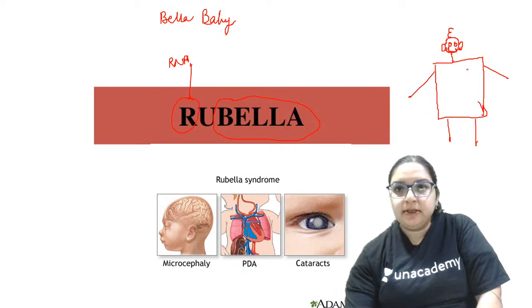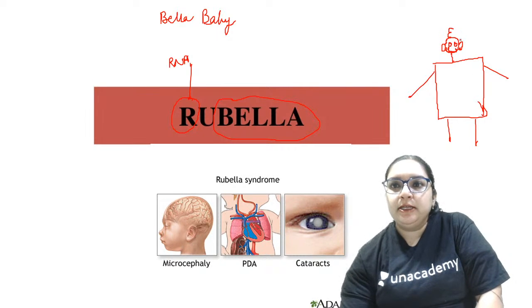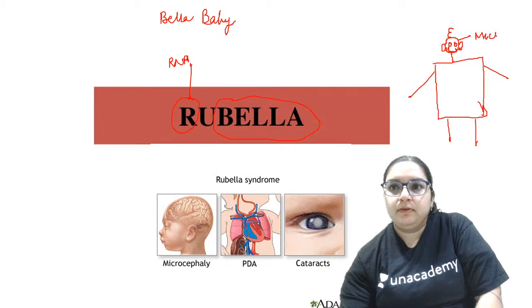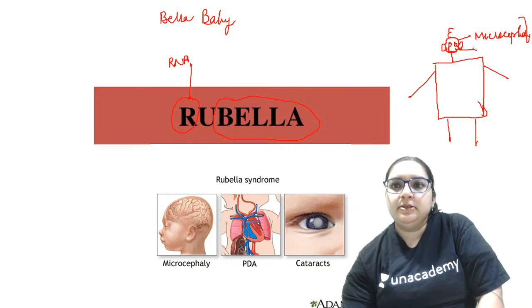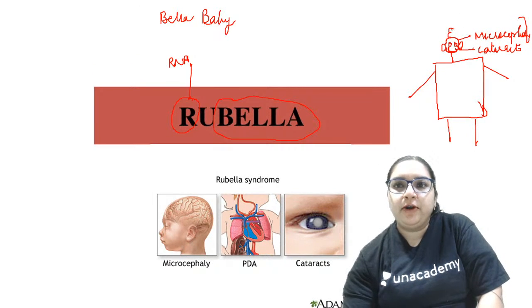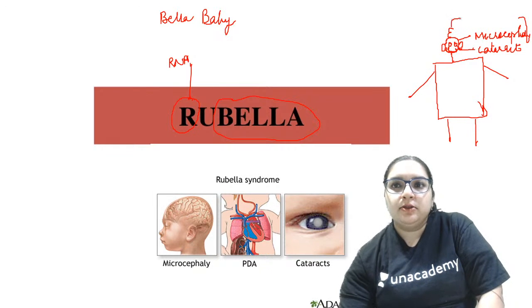Now let's see the significance of this. So this is microcephaly. Coming to the eyes, that means cataract. This hair I've drawn as E, so that itself means encephalitis.